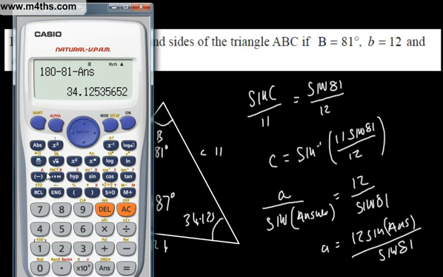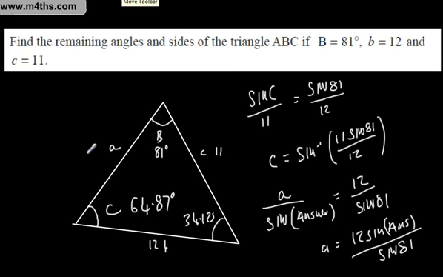I've not truncated these answers, so these are the exact answers throughout. We'll get our value of A, 6.815, so we'll call it 6.82, and that's going to be in centimetres.